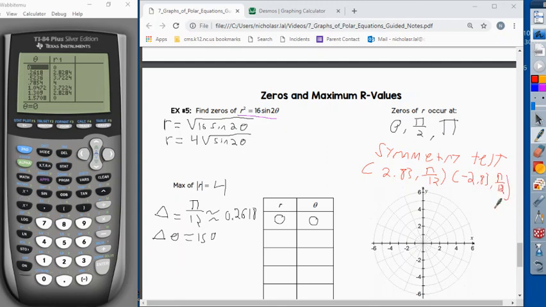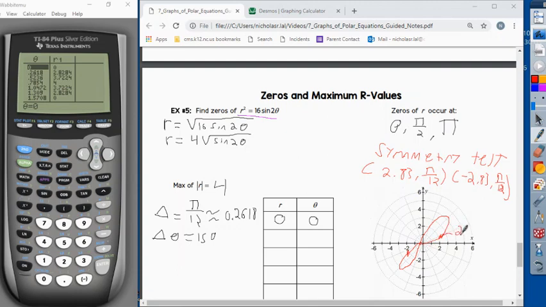If we can draw this correctly, it is at these values.